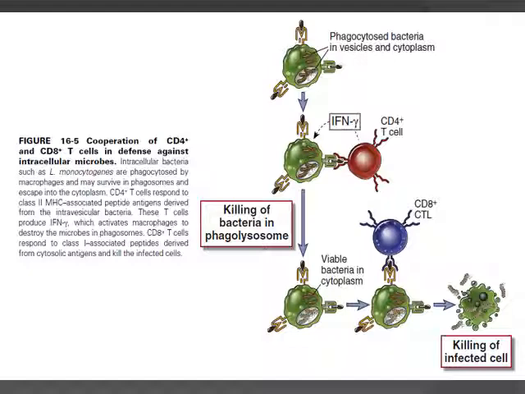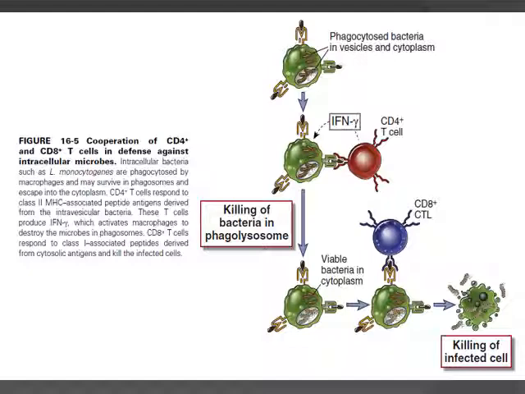Intracellular microbes, either in the phagolysosome or in the cytoplasm. These pathogens or bacteria can be found in the phagolysosome. So the CD4 T lymphocyte will be the master of the game, because the antigen of these phagocytized bacteria will be expressed through MHC class II and presented to the CD4 T lymphocyte.